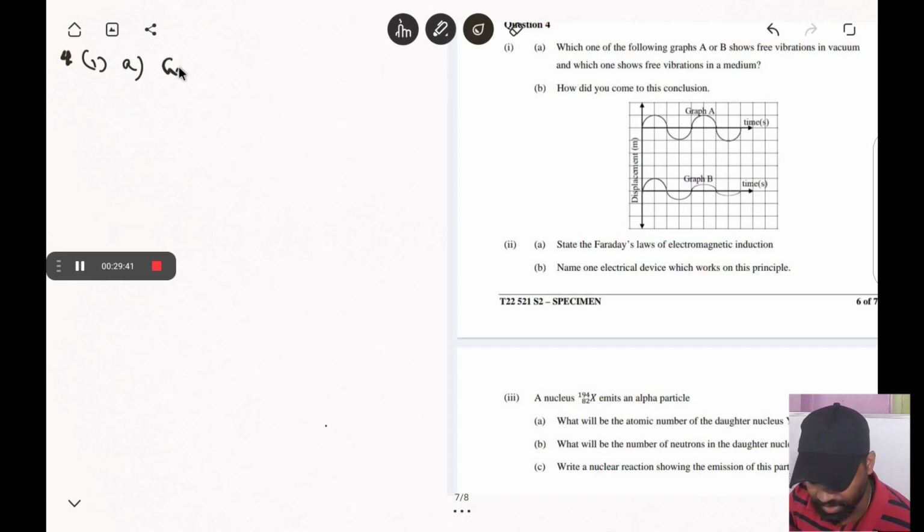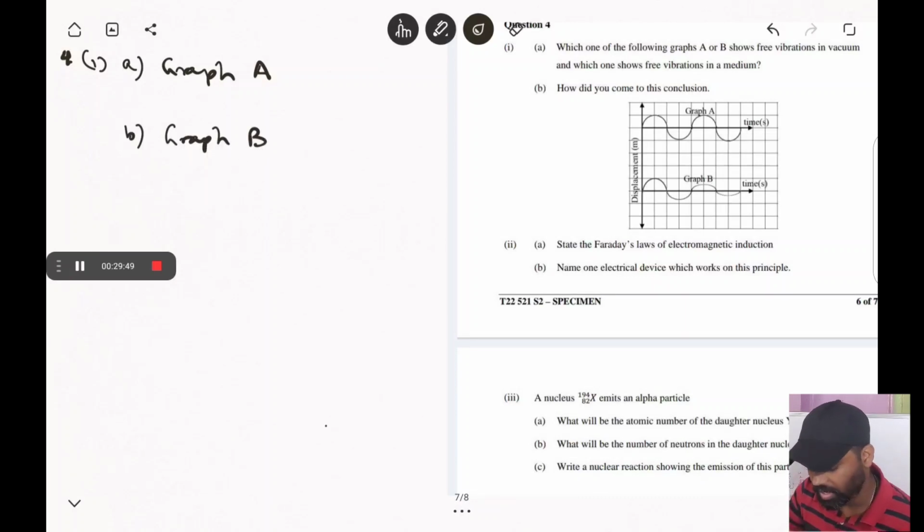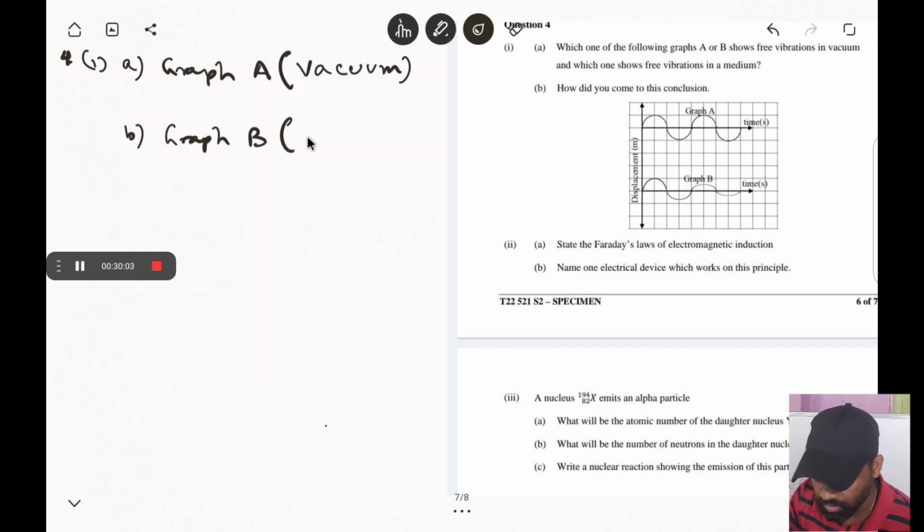See, if you look at graph A, and if you look at graph B properly, the amplitude of graph B is decreasing, but the amplitude of graph A is constant, which means graph A is in vacuum. Yes or no? And graph B is in medium.